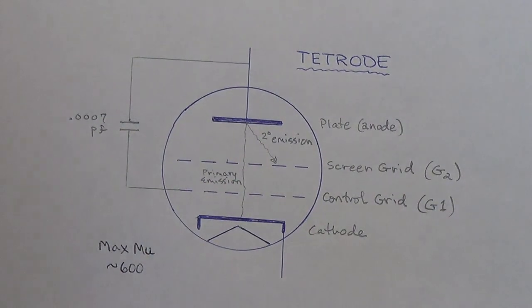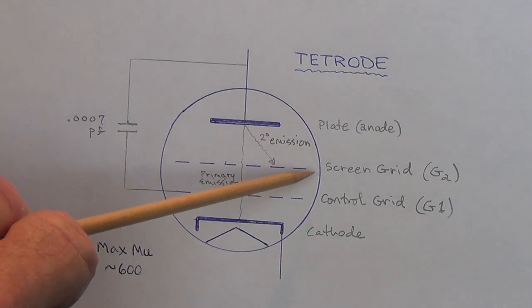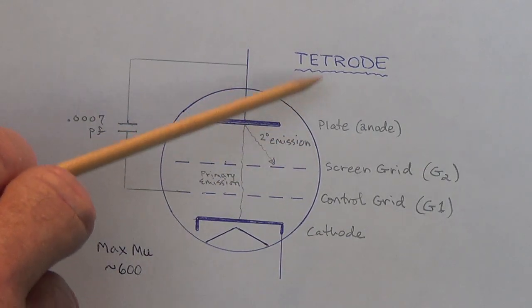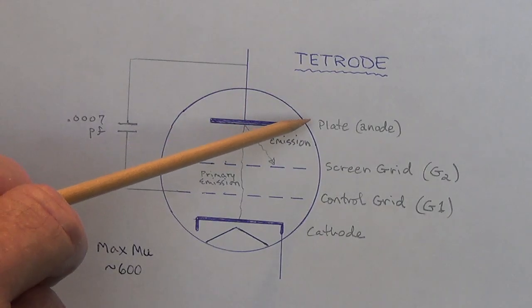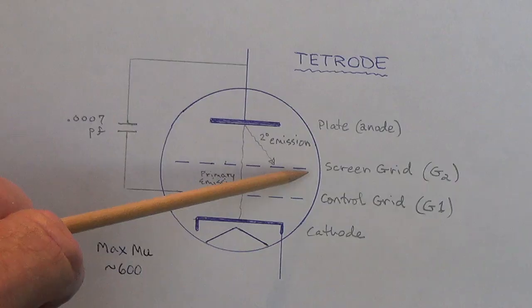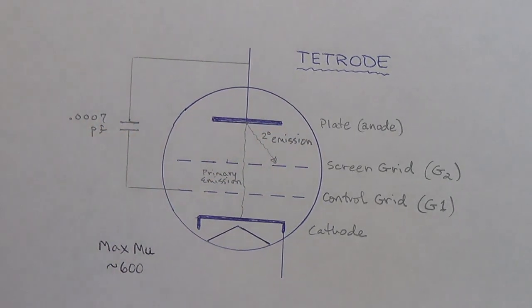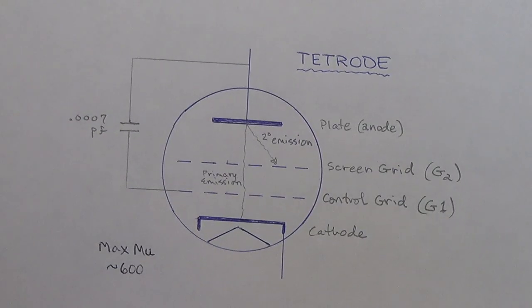You could look at it as a competition between the plate and the screen grid for the signal electrons. And every signal electron lost from the plate to the screen is going to be a reduction in our output signal, which is the opposite of what should be happening in an amplifier.